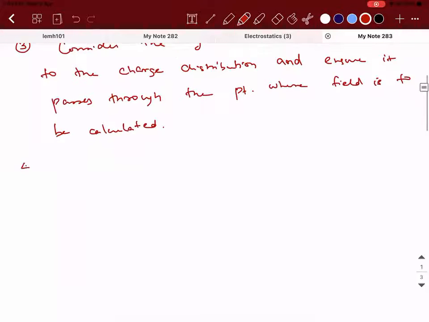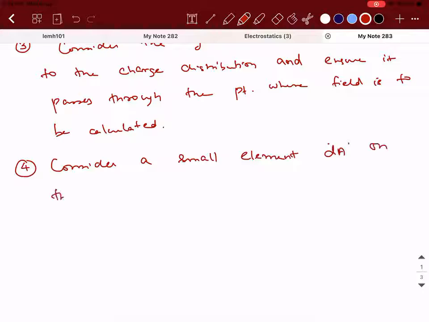Fourth, consider a small element dA on the Gaussian surface and assign direction to it.